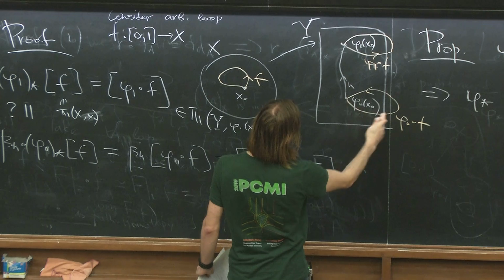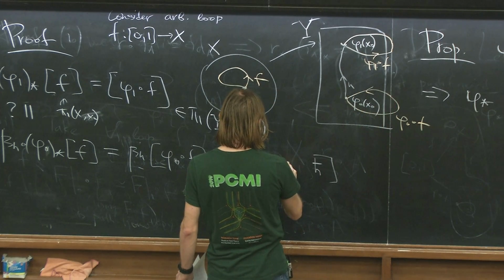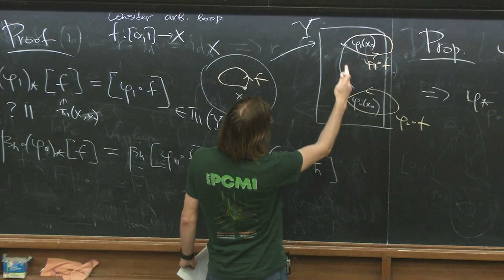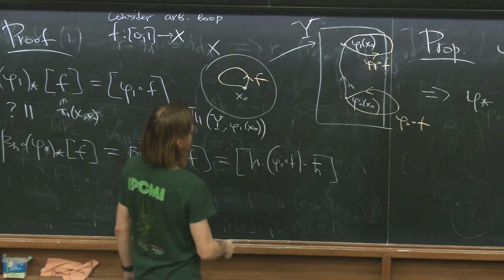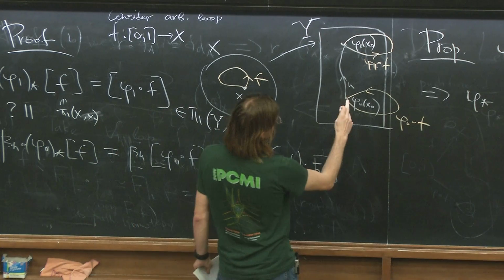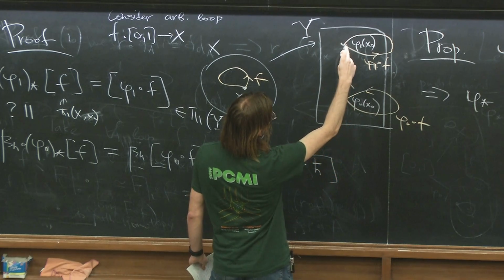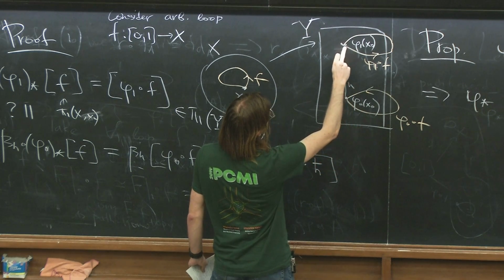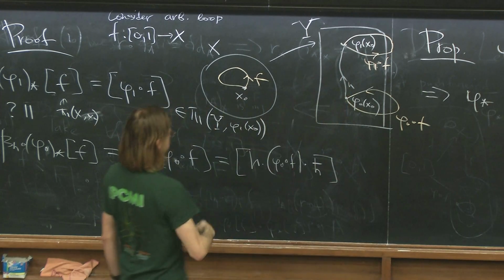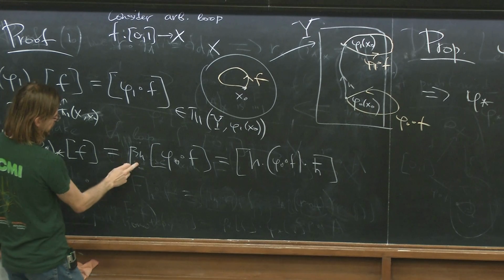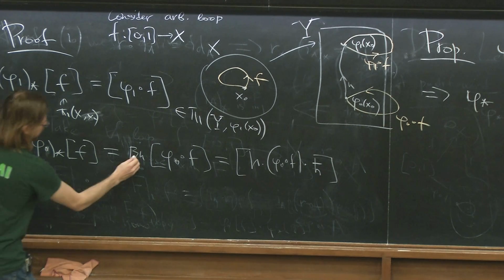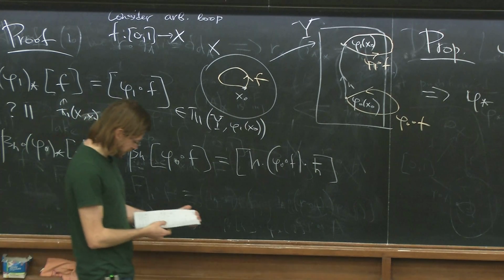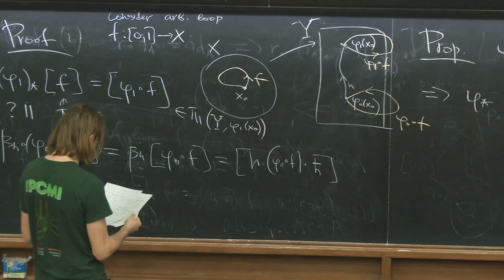So we go here, then we follow our loop, and then we go back using h. So from a loop based at this point, we make a loop based at this point using our path h. Again, this is just a reminder of the definition of this homomorphism beta h, which, as we showed, is actually an isomorphism.